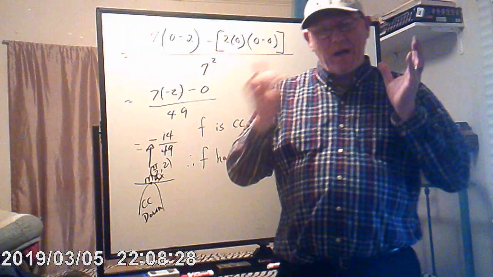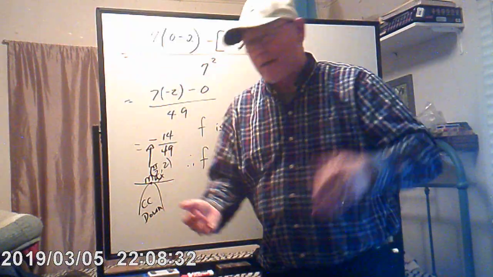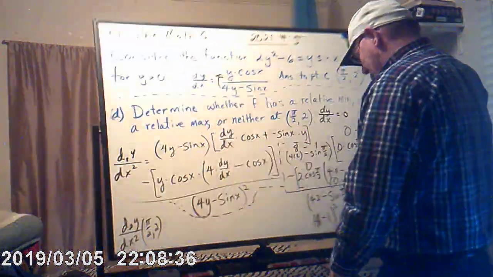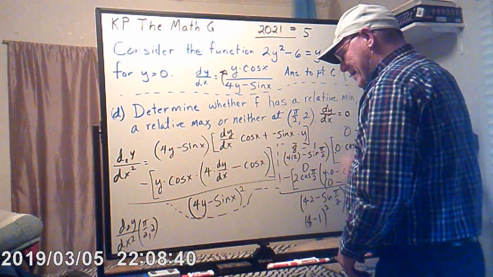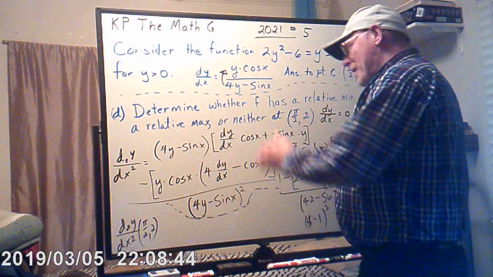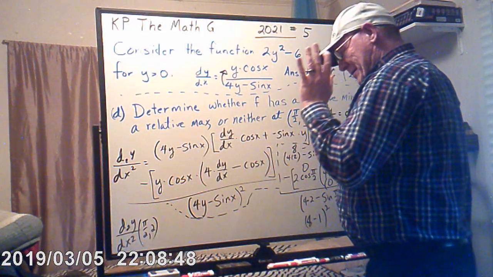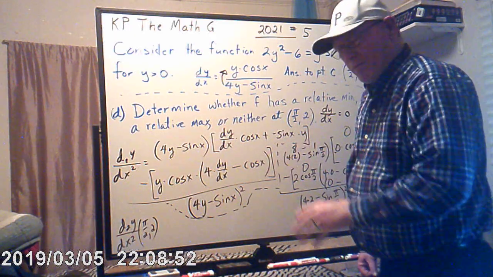So first of all, we had to figure out, do we even have a relative max or a relative min? So when we found that this first derivative was equal to 0, which we found out at the beginning of this lesson, then we said, okay, now we have a max or a min. Now is the concavity upward or downward?